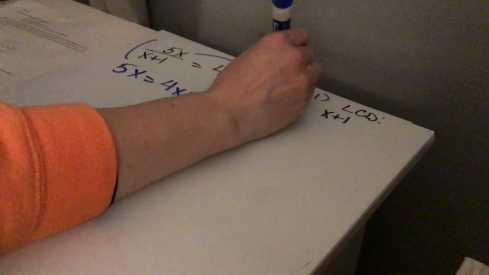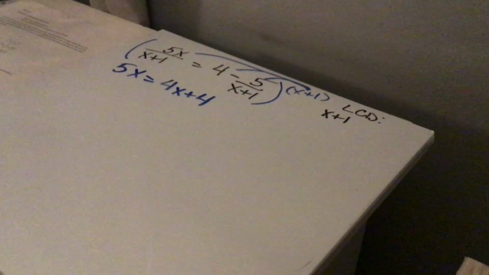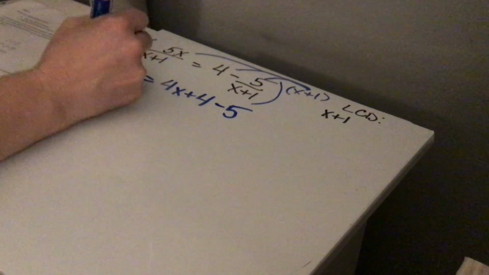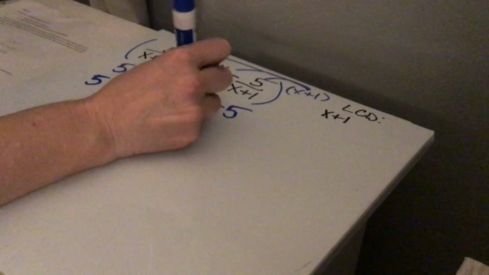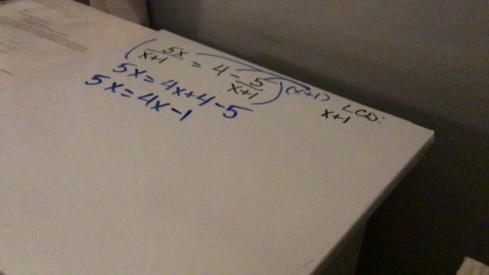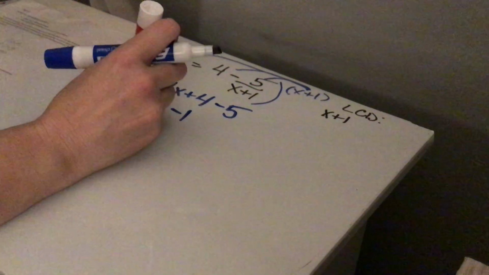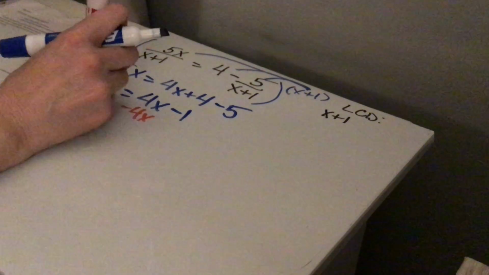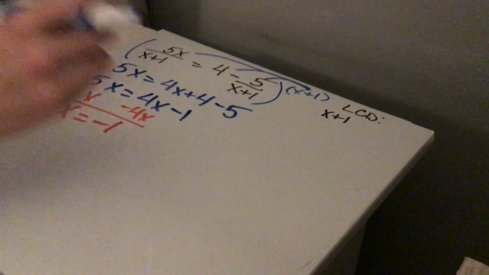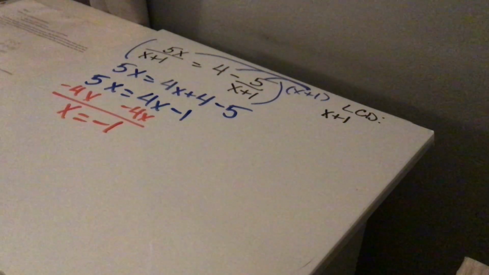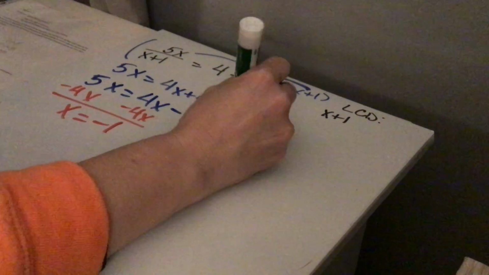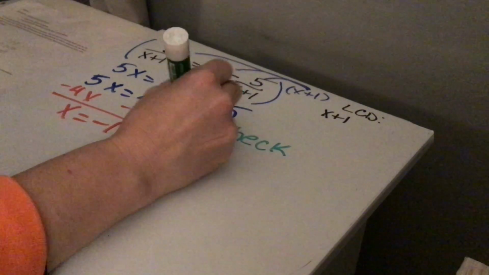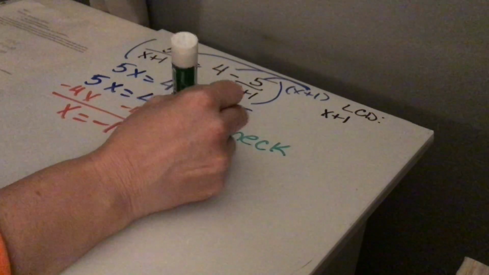Then negative 5 over x plus 1 times x plus 1, the x plus 1's cancel, we get minus 5. So simplifying, we get 5x equals 4x minus 1. Get x by itself. You're going to subtract 4x from both sides. We get x equals negative 1. Now, we need to go back and check. Make sure this works. So 5 times negative 1 over negative 1 plus 1.